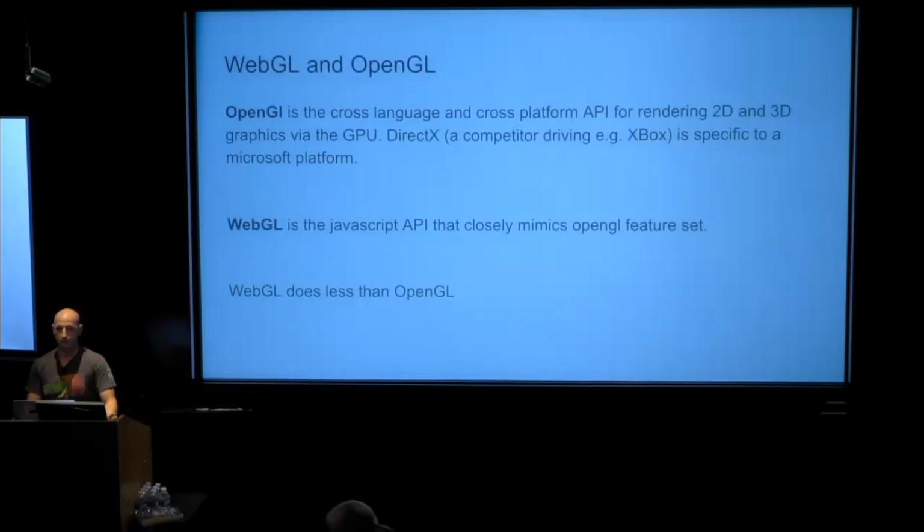So Microsoft can run both OpenGL and DirectX, but you can only run DirectX on Microsoft. WebGL is essentially a port of OpenGL. It's a JavaScript API that is very similar, if not almost identical, to OpenGL, but some functions are not permitted. It usually lags behind by a couple of major versions.